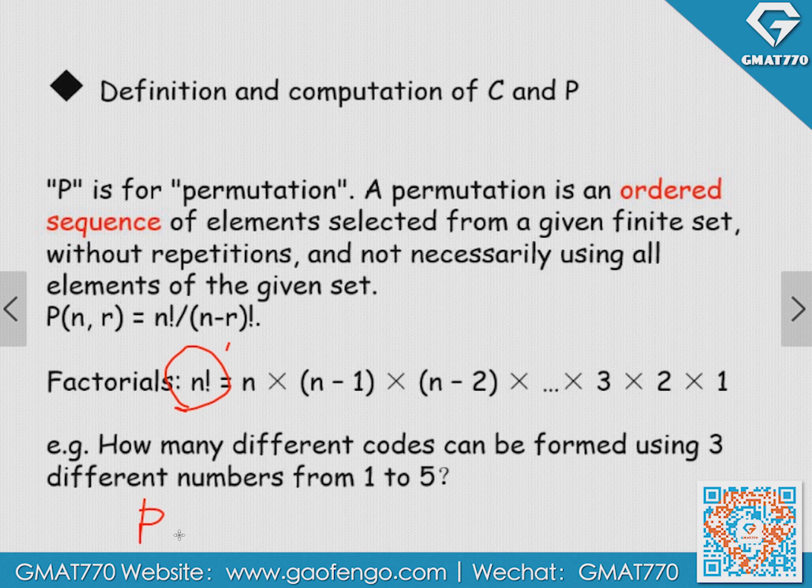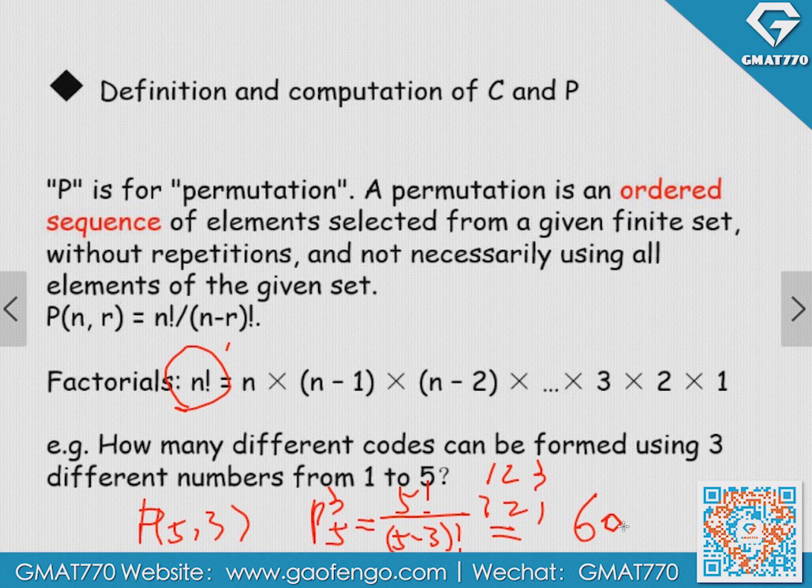So P(5, 3) can represent the answer to this question, which means that you will choose 3 different elements from 5 elements, and also you need to put them in order, since 123 and 321 are actually 2 different codes, right? So let's compute P(5, 3), which is equal to the factorial of 5 divided by the factorial of 5 minus 3, which is the factorial of 2, which equals 60.